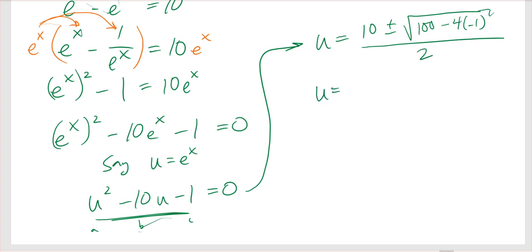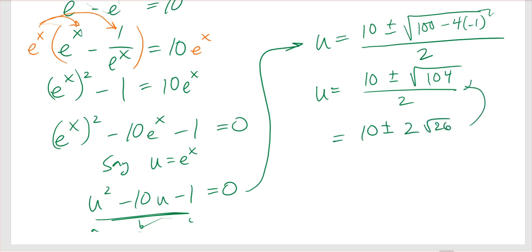So u is 10 plus or minus the square root of 104, over 2, and we can simplify that, can't we? Isn't that 4 times 26? So we can say 10 plus or minus 2 square roots of 26, right? This is just simplifying that radical. And we've got over 2, so that means that's 5 plus or minus square root 26.